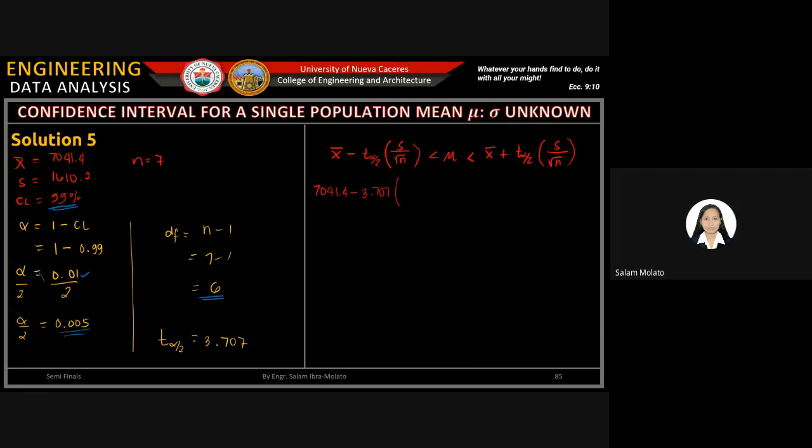Yung S natin is 1610.2 divided by the square root of n, which is 7. That's the lower limit. The upper limit, 7041.4 plus 3.707, 1610.2 over the square root of 7. So therefore, the lower and upper limit are equal to, please give me the value.